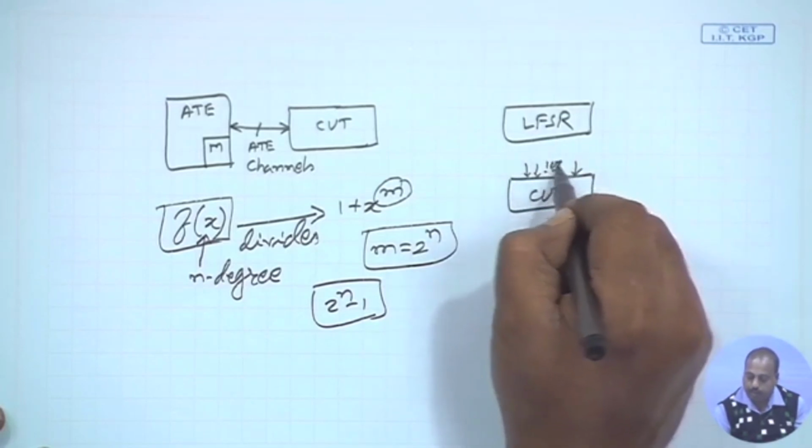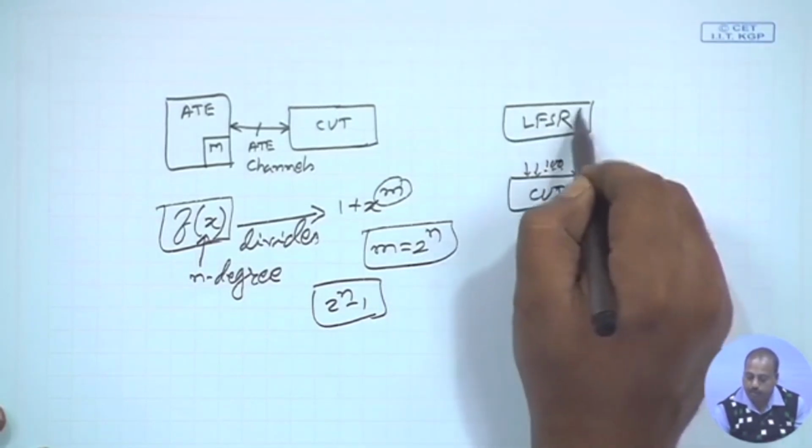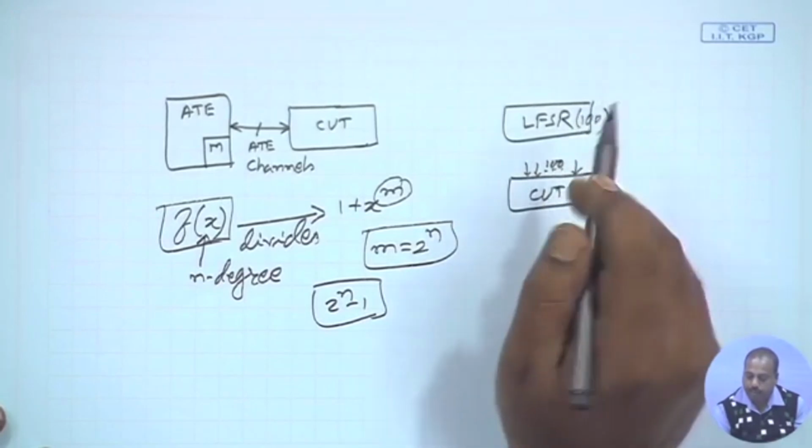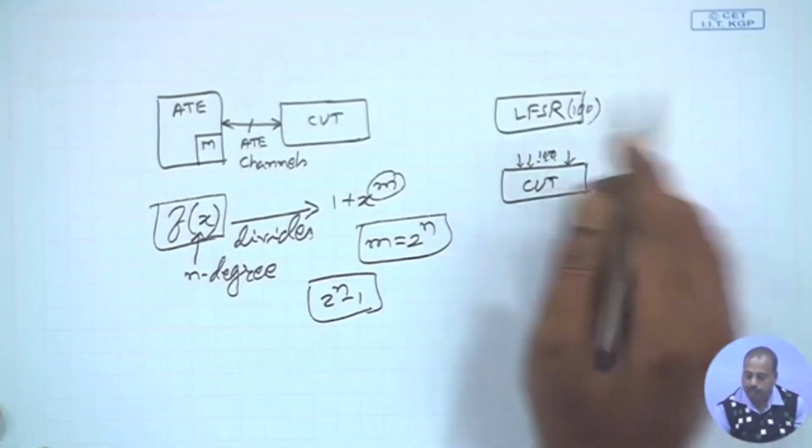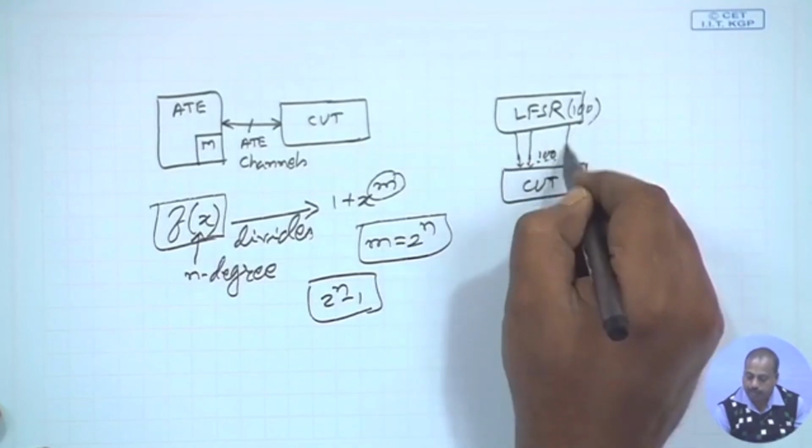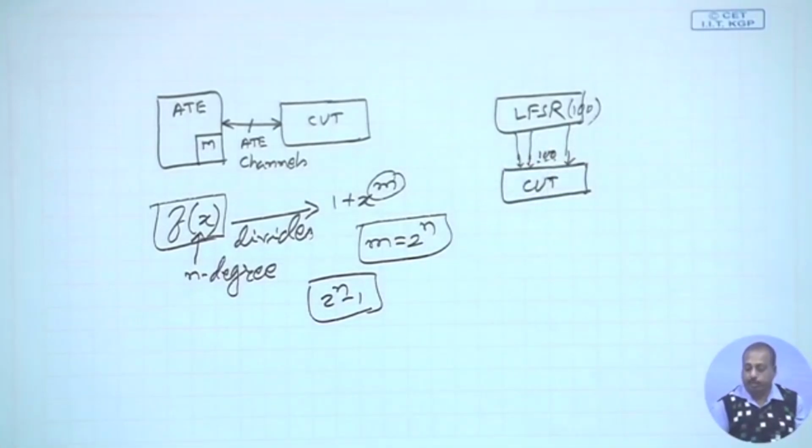One straightforward way may be to use an LFSR of length 100, a 100 bit LFSR, and feed this directly to the circuit. So, the patterns generated by the LFSR will be fed to the circuit as test patterns. If it is a primitive polynomial, it will ensure that it will not repeat its sequence before generating 2 power n minus 1 new patterns.